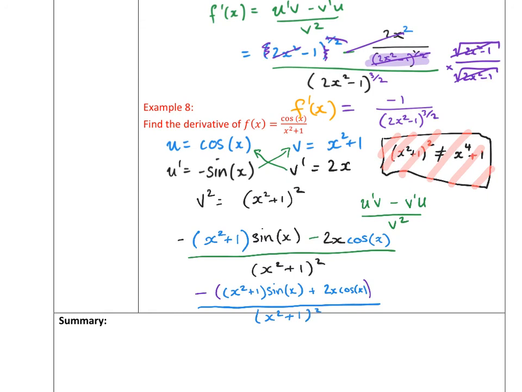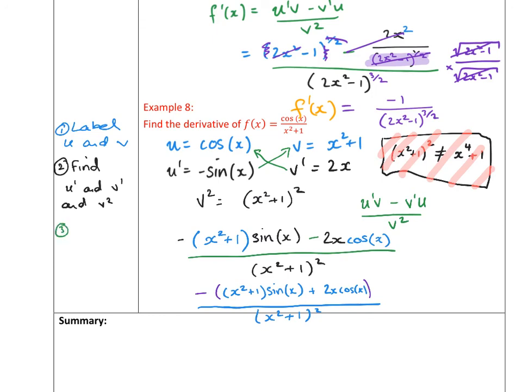That's it. To go over our strategy again, whenever we're looking at quotient rule questions, we have to first label u and v. Then we need to find u dash, v dash, and v squared.